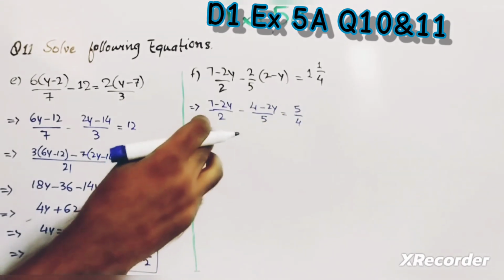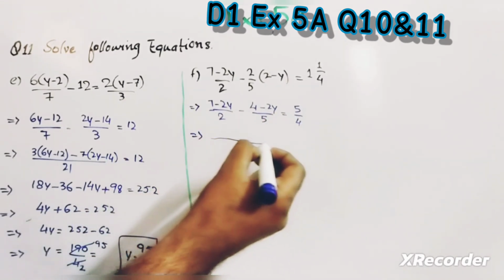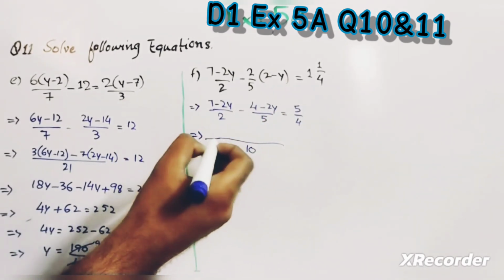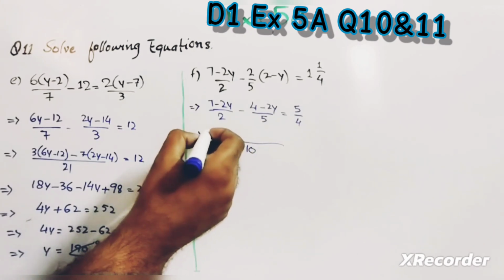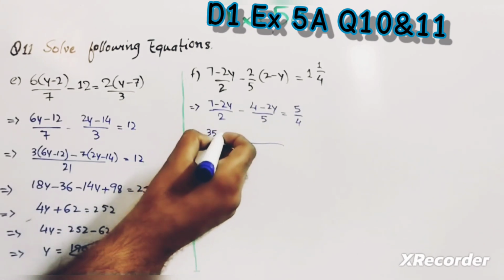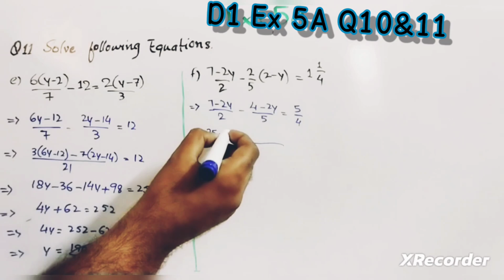Now by taking the LCM of 2 and 5 we get 10. So 5 times 7 is 35 minus 5 times 2 is 10y.